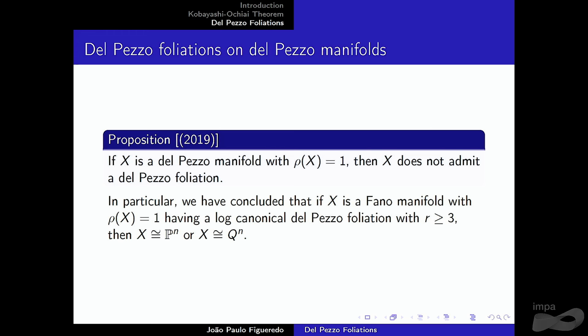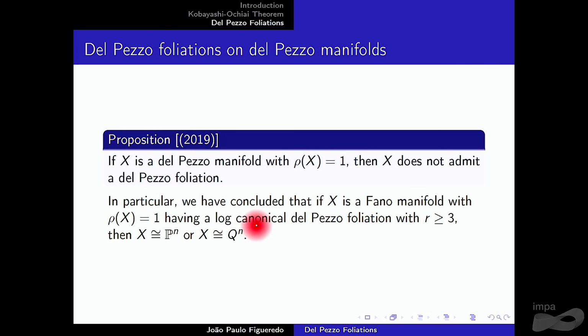And how do you show this? You just consider the list of all these possible manifolds, and for each manifold in this list, you show it's not possible to have a del Pezzo foliation. All right?